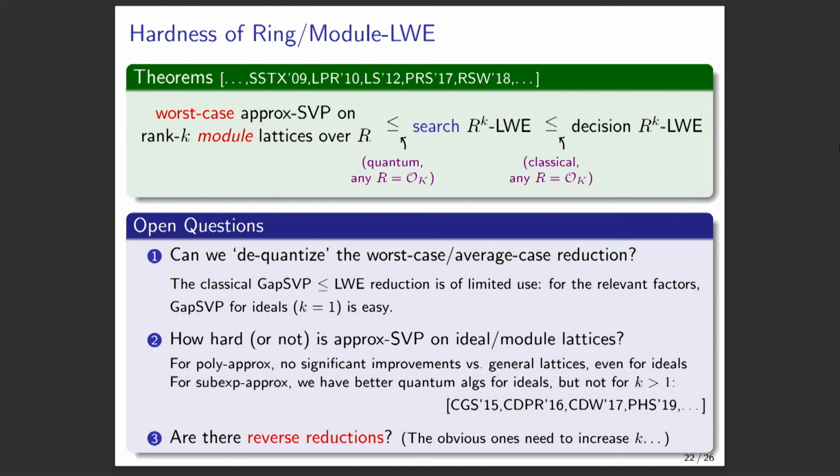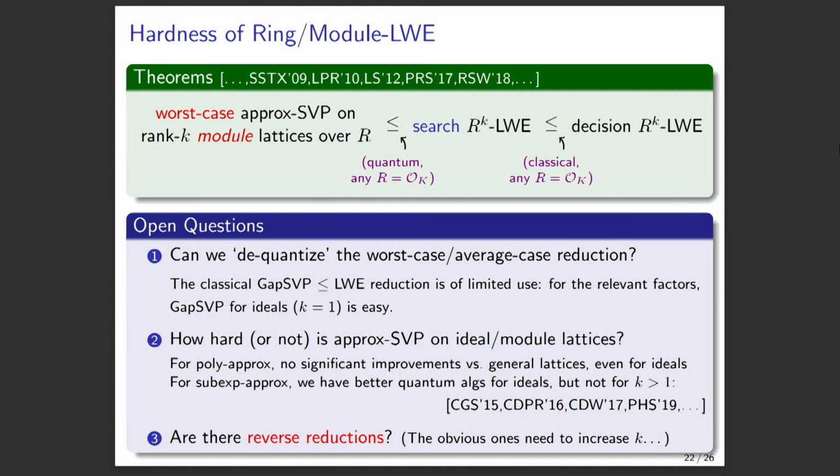That is, if you gave me an oracle or a magic algorithm for this problem, we don't know how to solve this problem, at least not without changing the value of k. So I don't know how to reduce this problem to this problem. I only know the other direction. And so that's kind of interesting. There might be some room to improve the reductions or seek reverse reductions.